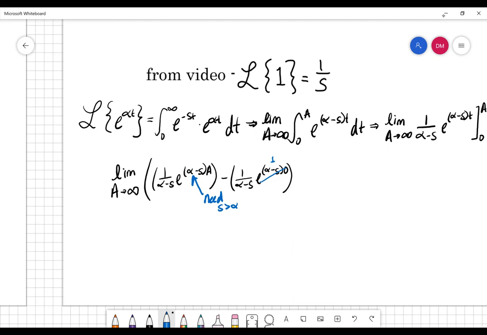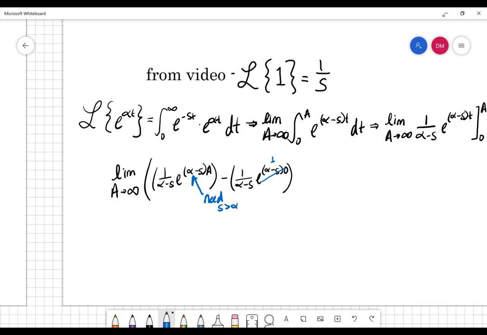If s is greater than alpha, which would mean that alpha minus s is negative, then this is evaluating what happens as our limit approaches negative infinity. Towards negative infinity, there is in fact a limit, and that limit is 0.